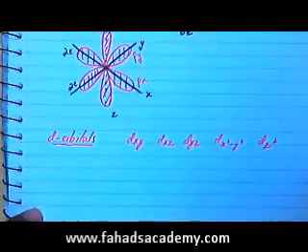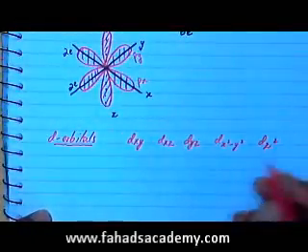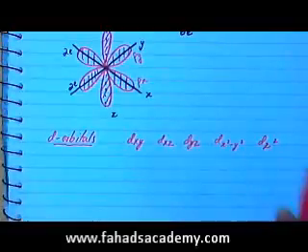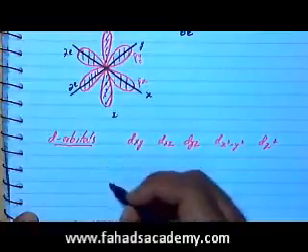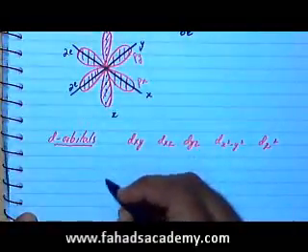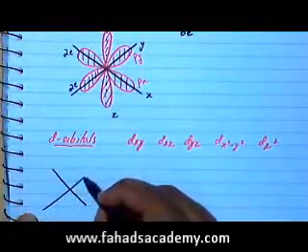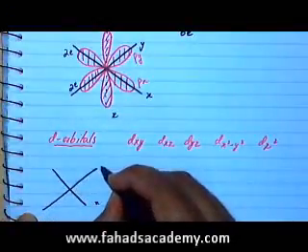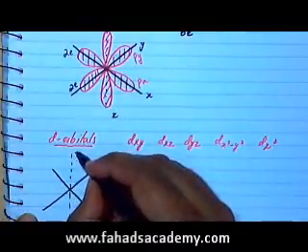I'm not going to go into the shape because that's part of A2 chemistry. But maybe I should draw the shapes of these orbitals as well. So I'll give you an idea of a dxy orbital. This here is my x and y axis, whereas this over here is the z-axis.